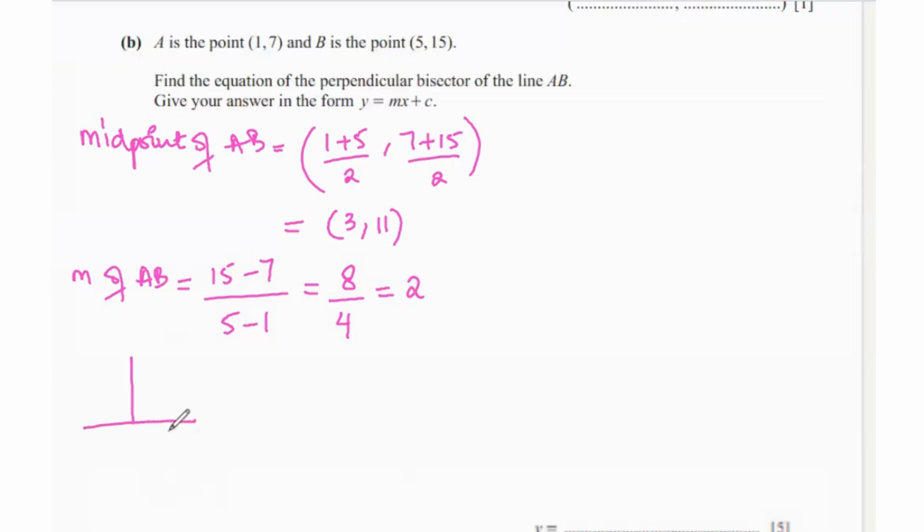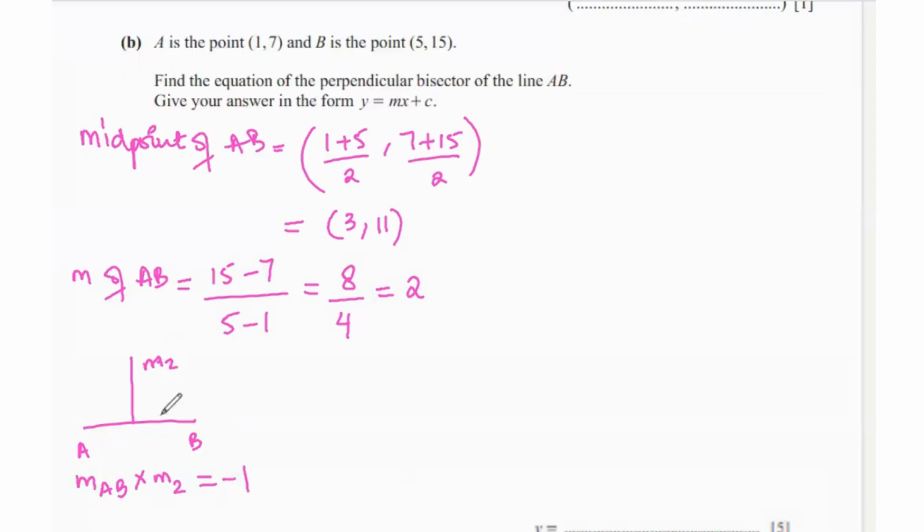Next thing you need to know is that when you're dealing with perpendicular lines, this is AB and this is the perpendicular bisector. So two perpendicular lines. We can identify two perpendicular lines if the product of the gradients is equal to -1, which means m of AB times m2, which will be the gradient of this line, equals -1.